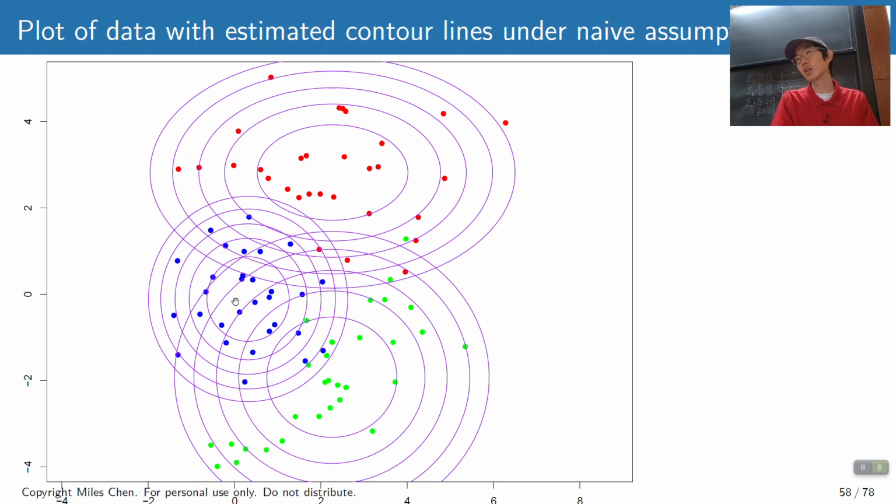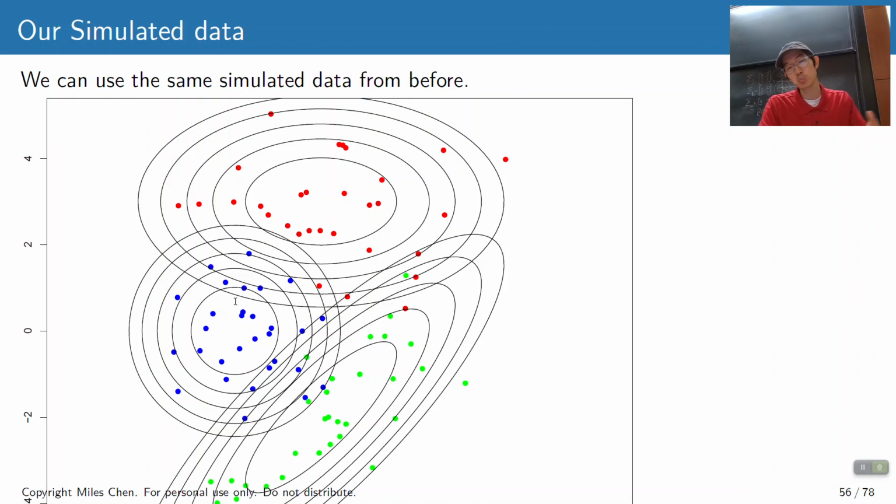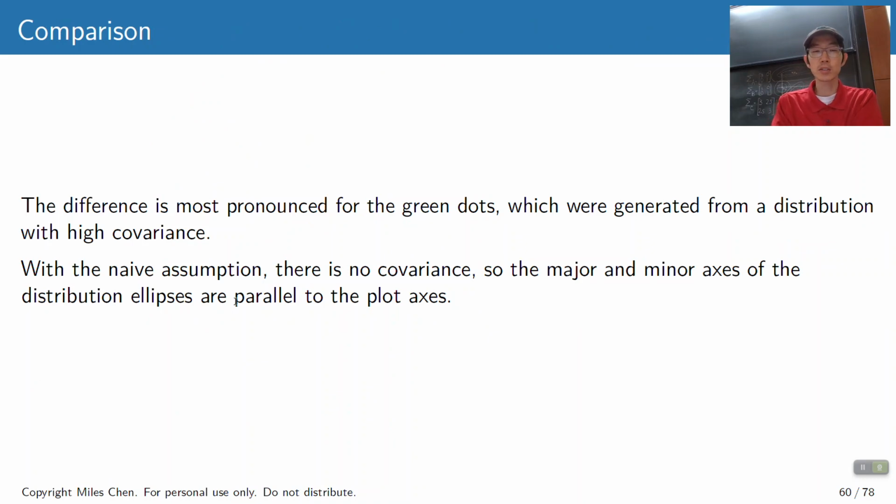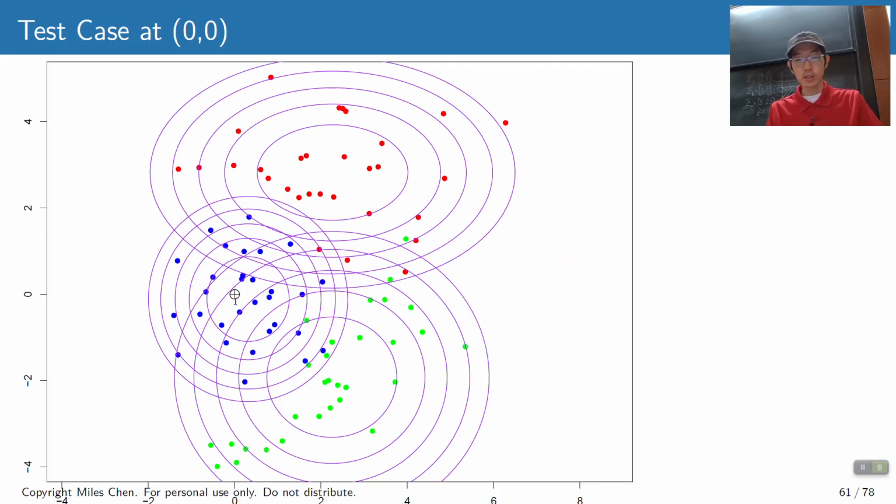That's your biggest flaw. But for the other ones, pretty similar there. So the most pronounced difference is again for the green dots, which when we generated our data had high covariance, and here with the naive assumption in play, there is no covariance. And that's reflected here.